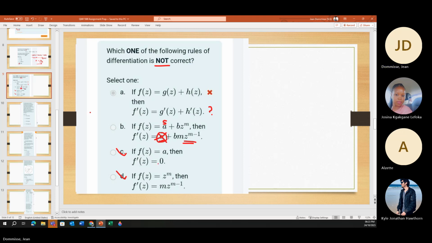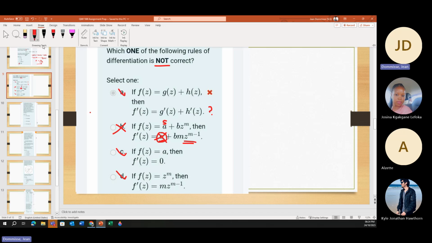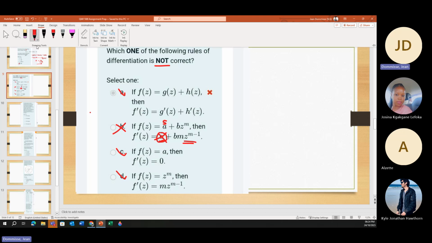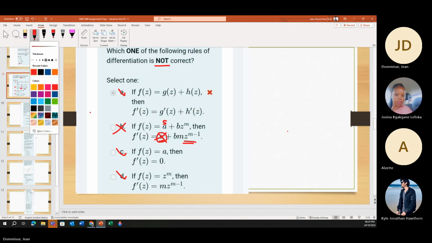Okay, because your constant should be 0, so that should have fallen away. Okay, so b is incorrect, so a is your correct answer. You want the incorrect one, so A is correct, B is the incorrect one. Okay, because of that A, that should be 0.